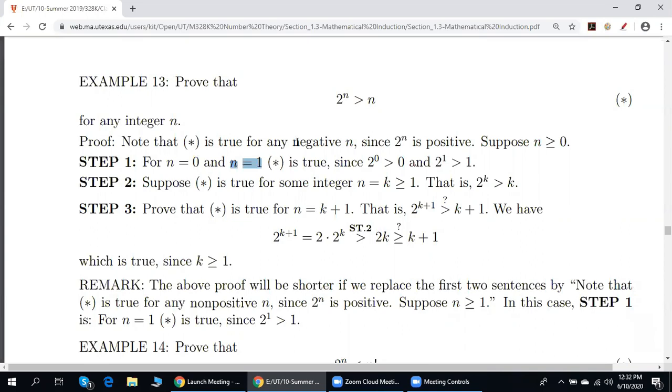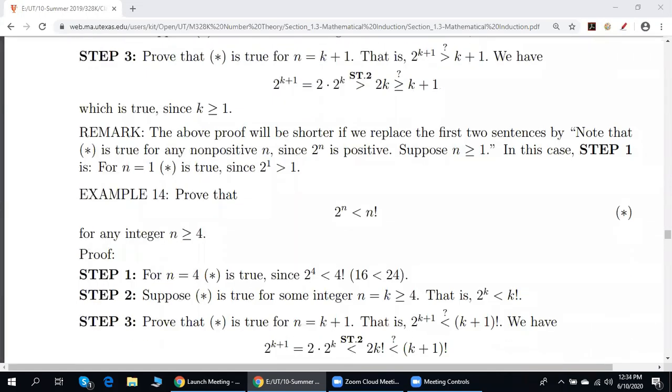So if instead of the word negative, we have the word non-positive, here we put 1. Therefore, there is no need for this portion. And our proof is a little bit shorter.